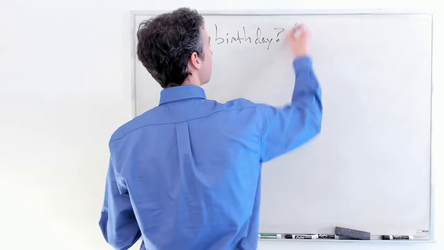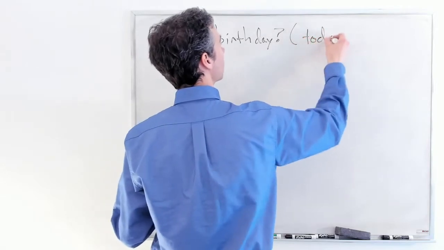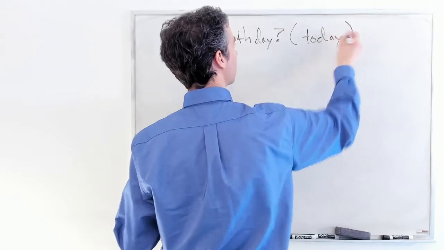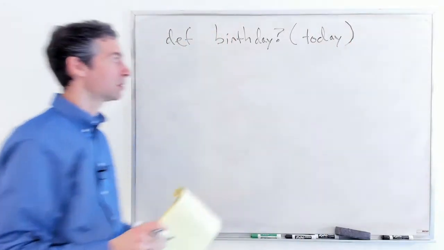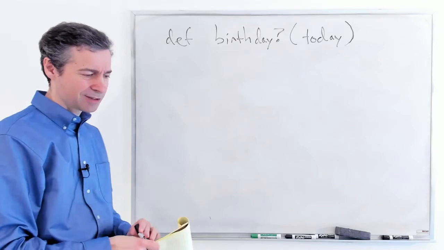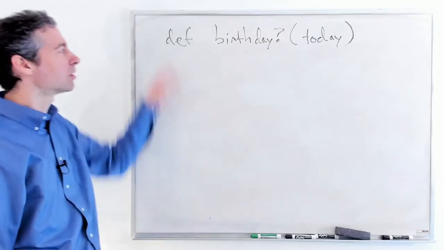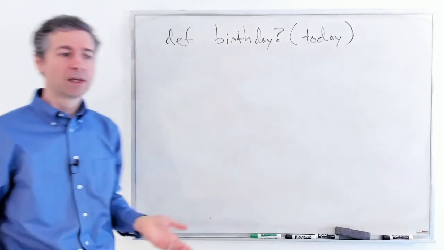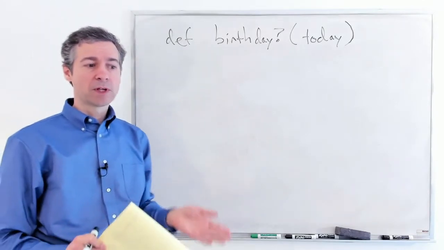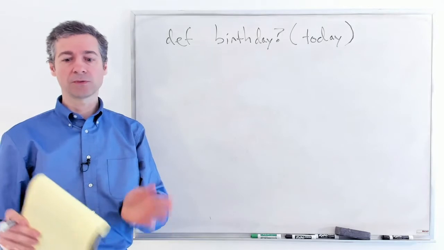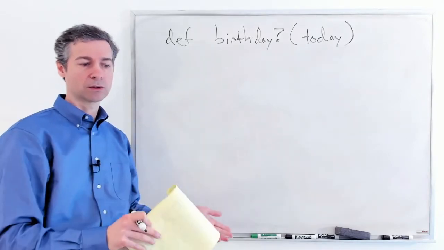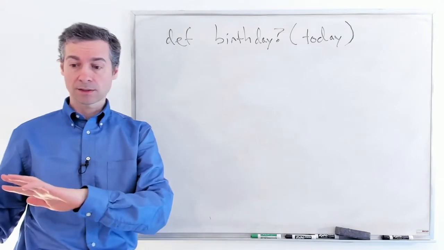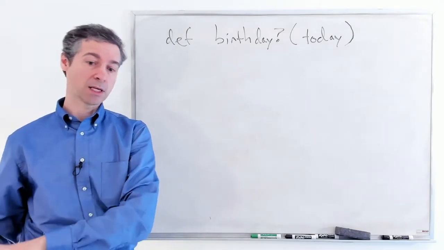So we're going to make a parameter today, so we can send in this argument here, today. Now you're like, oh, this seems a little weird, but look, you could write a little comment up here on top that says this method returns true if the user's birth date is the same as the date passed in.